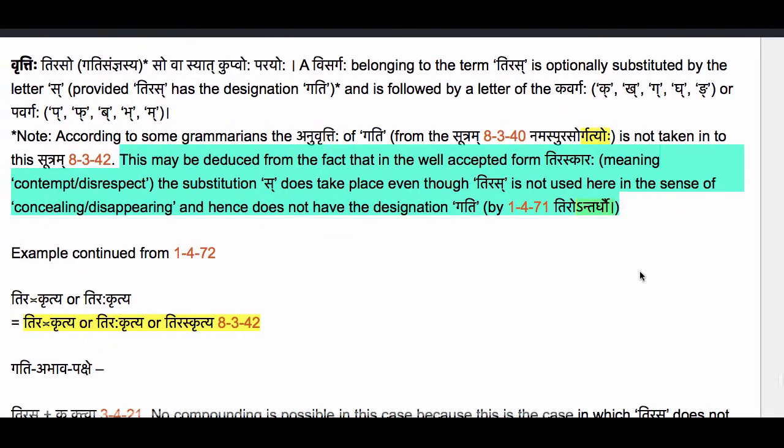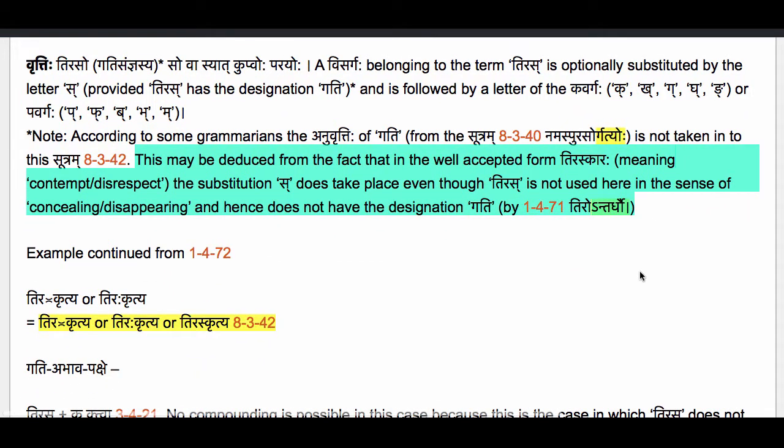The condition antardhau is not satisfied, therefore tiras does not have the gati sanya in the form tiraskaraha, but still the substitution sa does take place. So if tiraskaraha is accepted as a valid form, then we have to conclude that the anuvritti of gati does not come into the Sutram 8342 tiraso anyatarasyam.